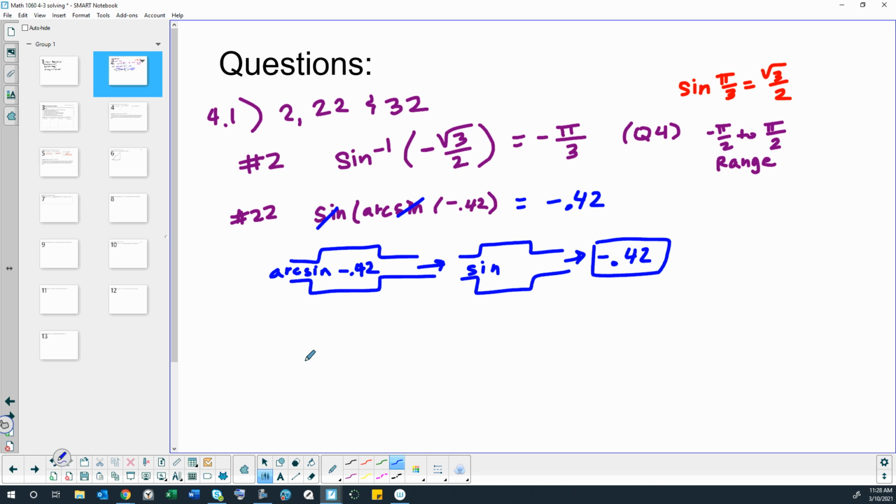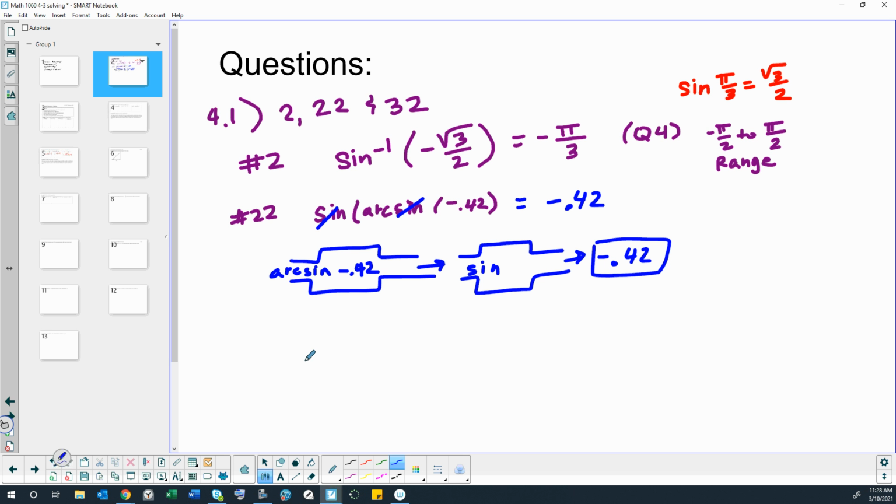Okay, but then they start to switch, where you have the function in the middle and the inverse on the outside. So then you have to be careful, because in 29 it's a quadrant 1 angle, so that will still work. That'll still just be a quadrant 1 angle answer. And 30 will actually work as well, because that's a negative quadrant 4 angle, so that one will also come out to be the same exact answer.